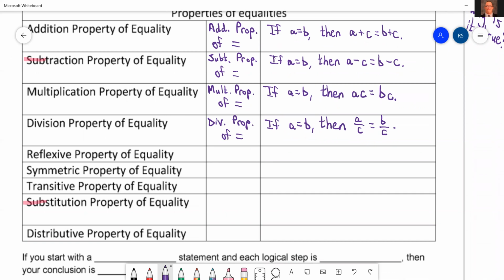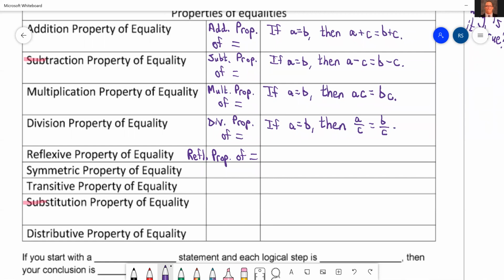This one is the reflexive property of equality. So reflexive prop of equality. Okay, this one is pretty simple.